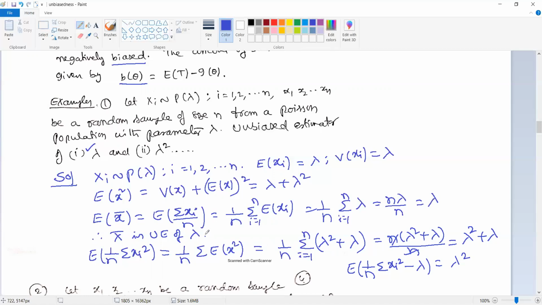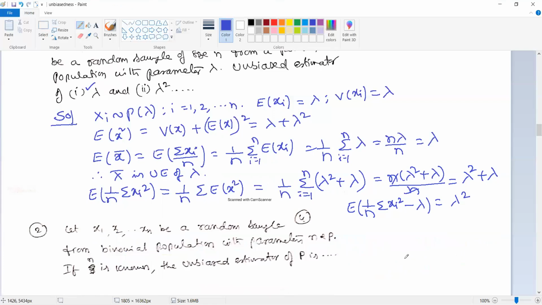X bar is the unbiased estimator of lambda, so replace lambda by X bar. The function of sample observations should not involve any parameter, but in this case lambda is already estimated. With the help of the sample mean, easily we can estimate the lambda value.